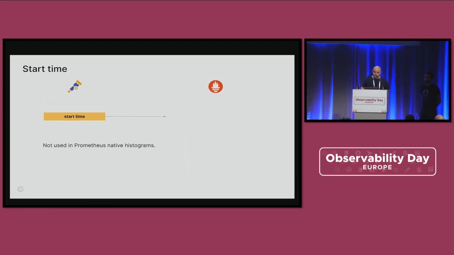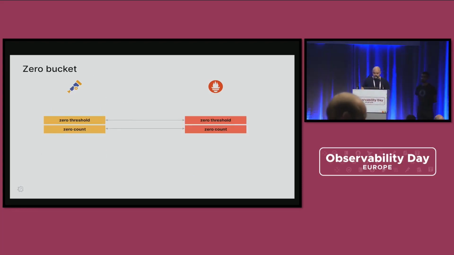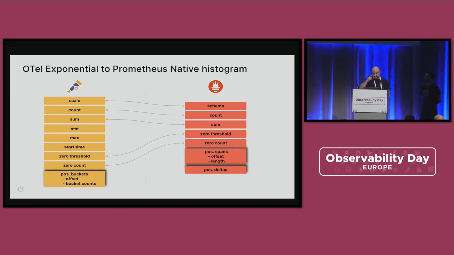Start time: Prometheus native histogram doesn't have relevant fields, so we don't use the start time field in the translation. So zero bucket fields, so zero threshold and zero count fields of exponential and native histogram are translated directly. And we are left with positive buckets.